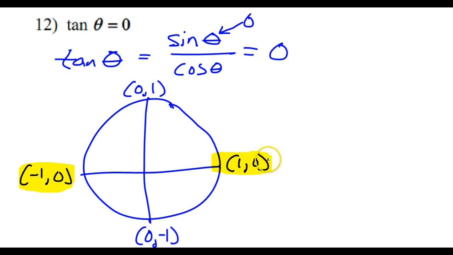Because the tangent here would be 0 over 1. So that will give us a tangent of 0. This angle is 0, or 2 pi.